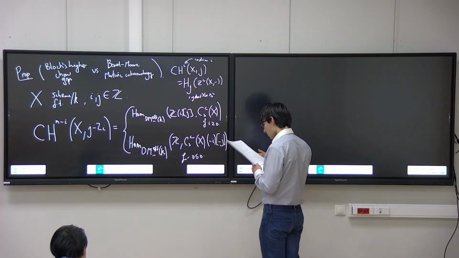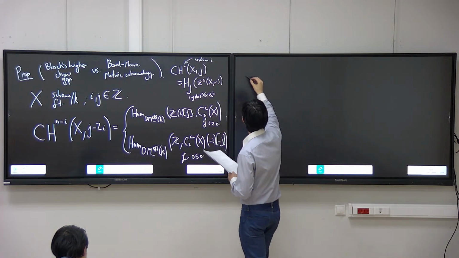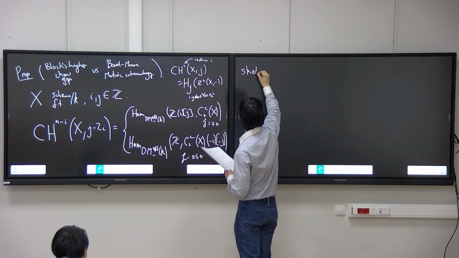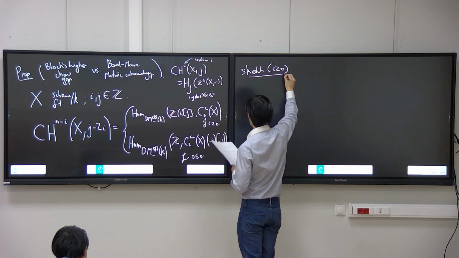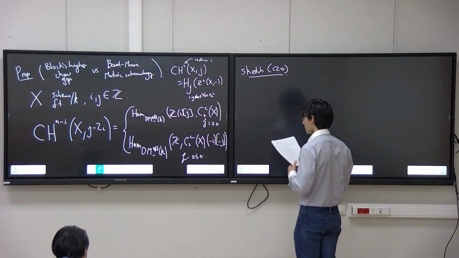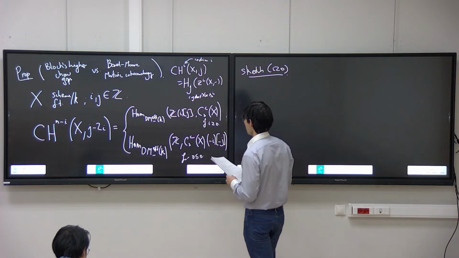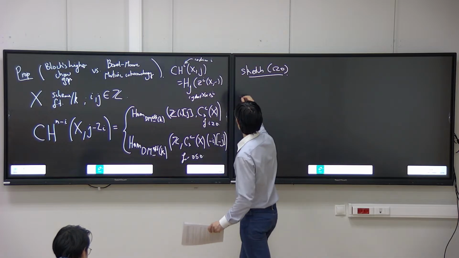Let me give an idea of how to show this. So, sketch. I just look at the case where i is greater or equal to 0. So the first thing is the right-hand side.